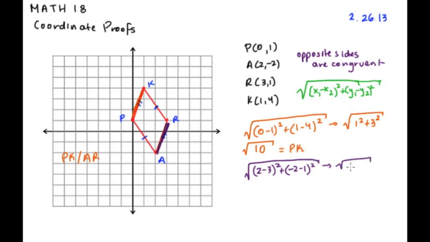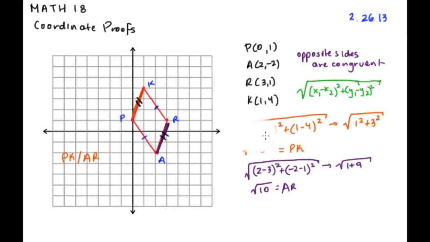That's also 1 plus 9, and that is 10, and that equals AR. Well, based on our results, we both got the square root of 10, so we do know that these two sides are indeed congruent. So we have one pair that's congruent so far.